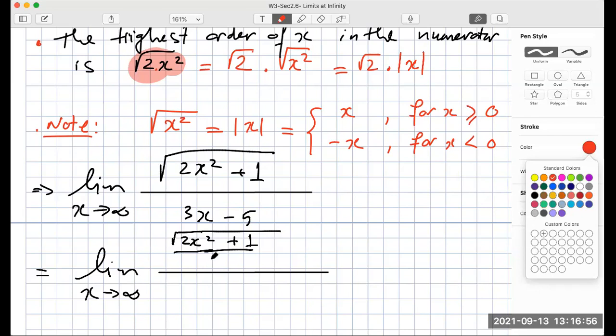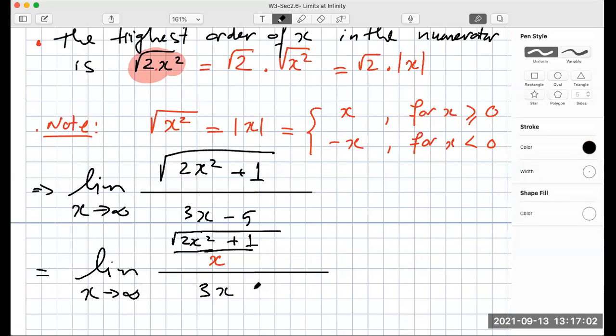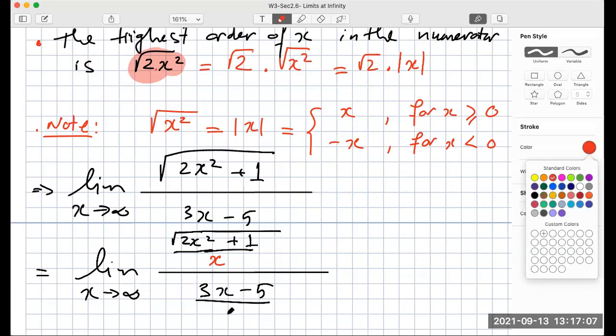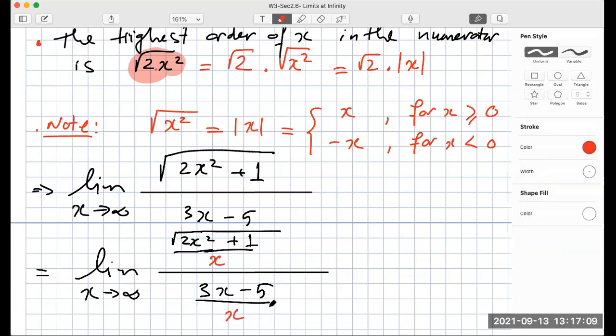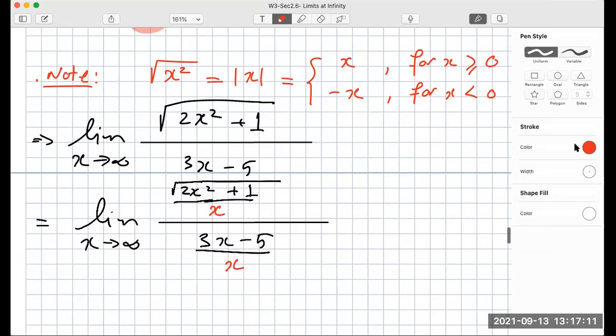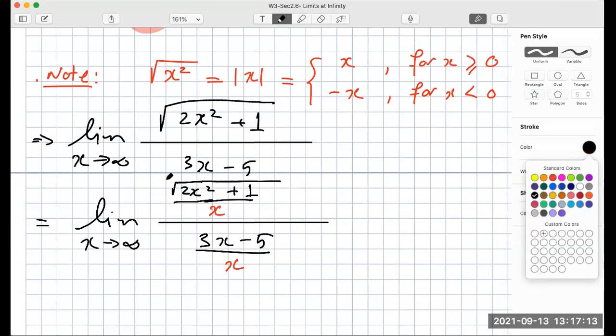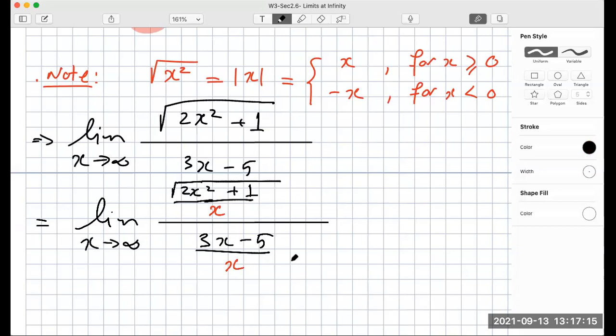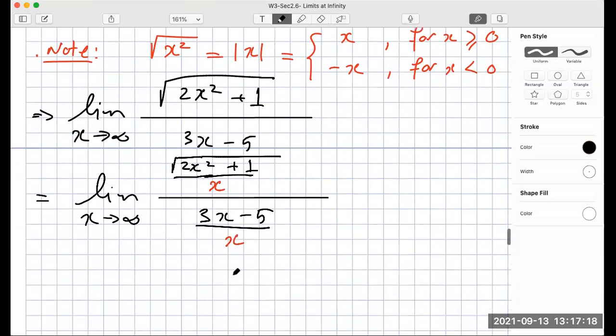The highest degree of the denominator is this guy. And here 3x minus 5 divided by the highest degree, which is x. Okay. Are we good here?